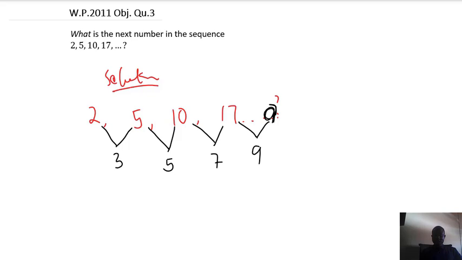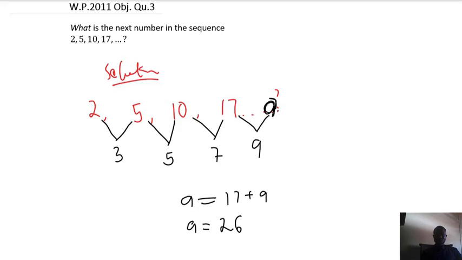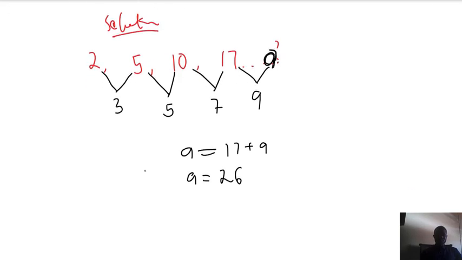So if we want to get A here, it's going to be 17 plus 9, which will give us 26. So therefore the next term in the sequence is 26.